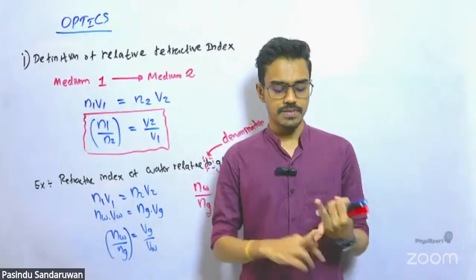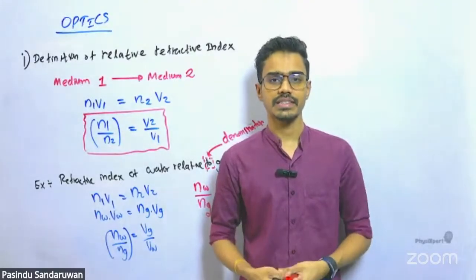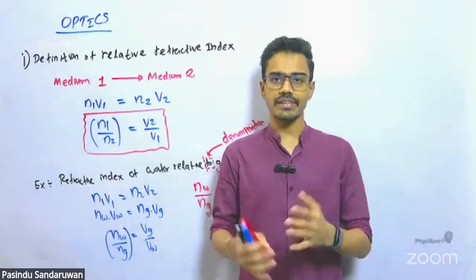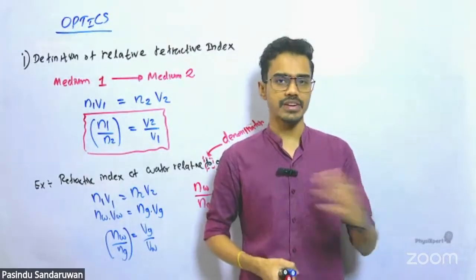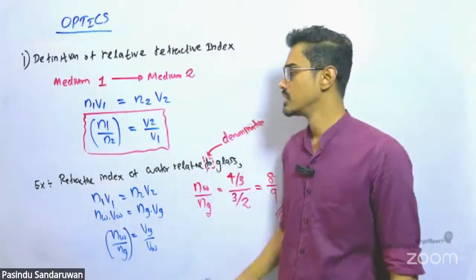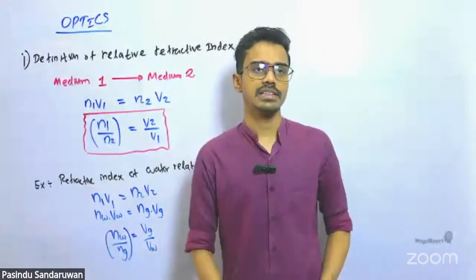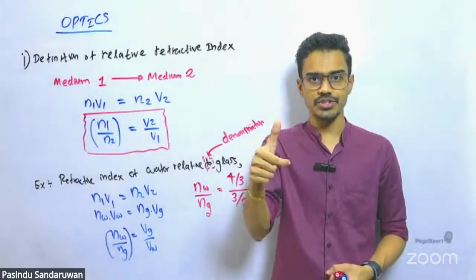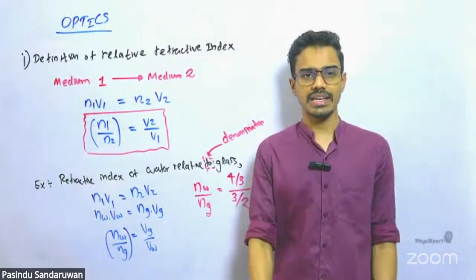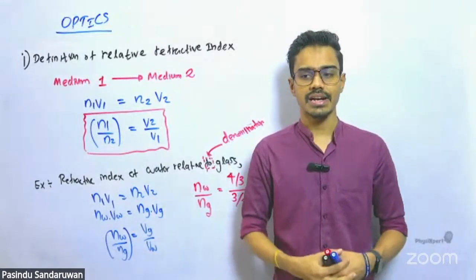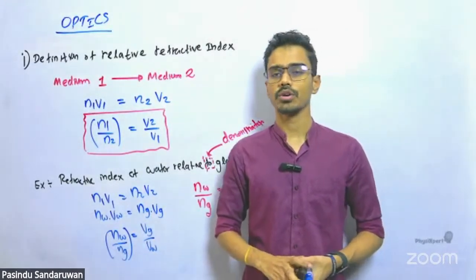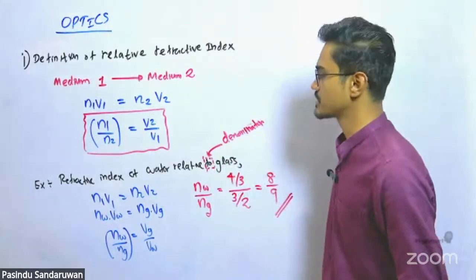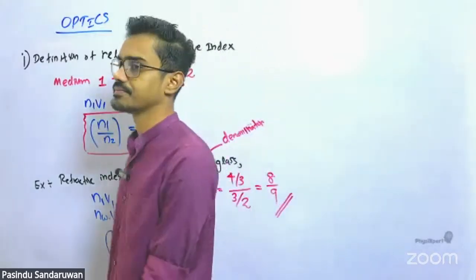Absolute refractive index is defined with respect to air or vacuum, whereas relative refractive index is defined with respect to a different medium, right? And since refractive index is a ratio between velocities, it is a number, so it is both unitless and dimensionless. That is what we have discussed so far.